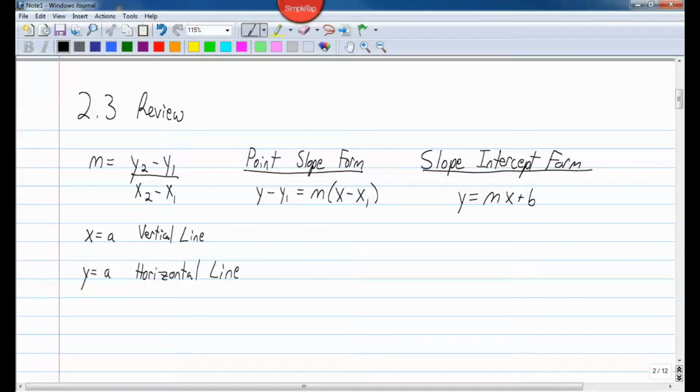Then we went over the general form of the equation of a line. And the general form is ax plus by plus c equals 0.